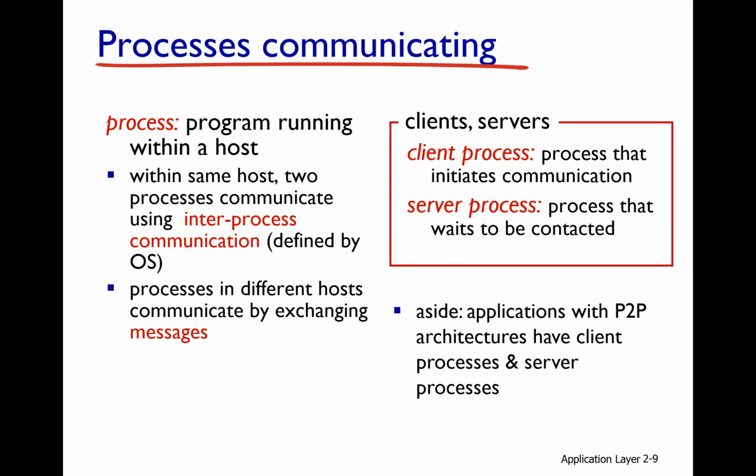The process that initiates the communication is defined as the client. So we're targeting processes rather than applications here. And the process that waits to be connected is the server.